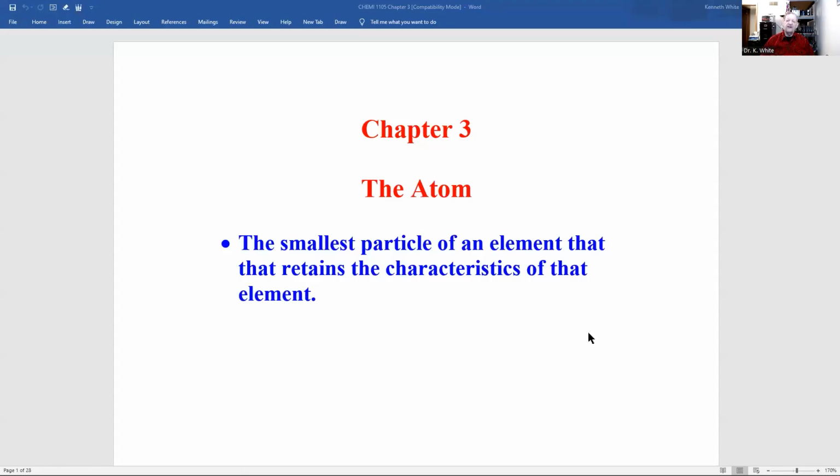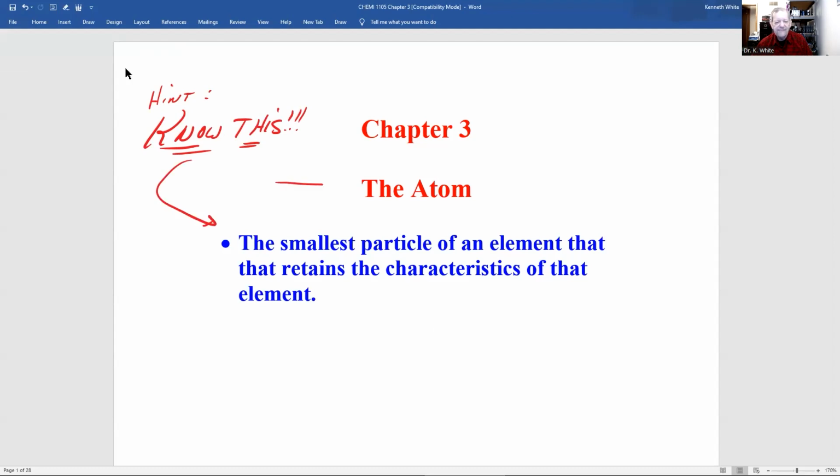All right, let's start chapter 3. Chapter 3 starts with the atom. And what is an atom?